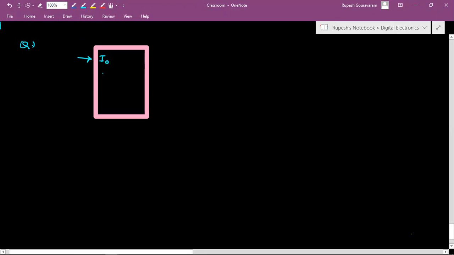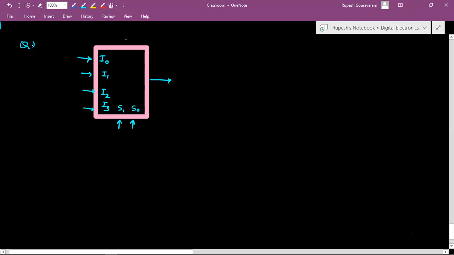Let us take the inputs as I0, I1, I2, I3. This is one set of inputs, and the other set of inputs will be here. Let us take this as S1, S0. And there is an output here.